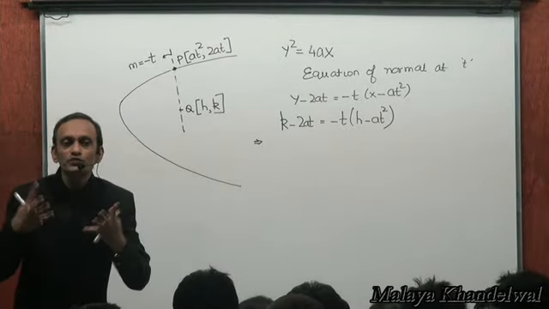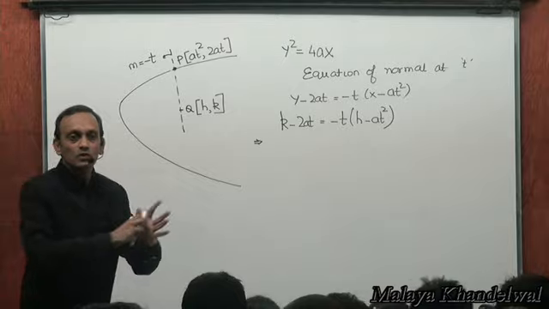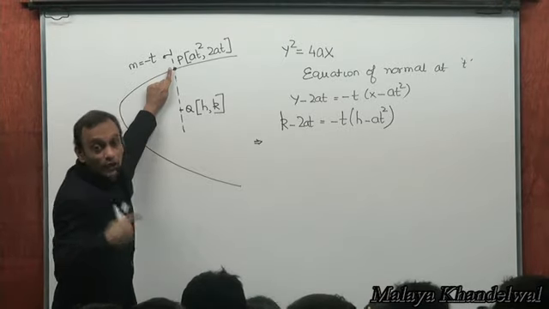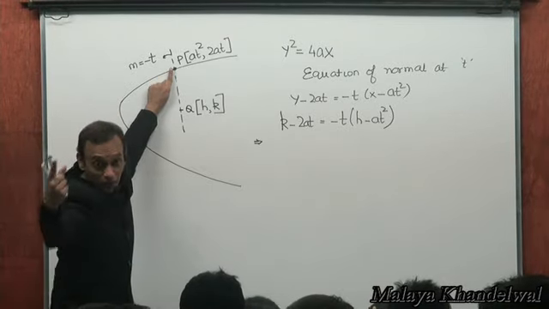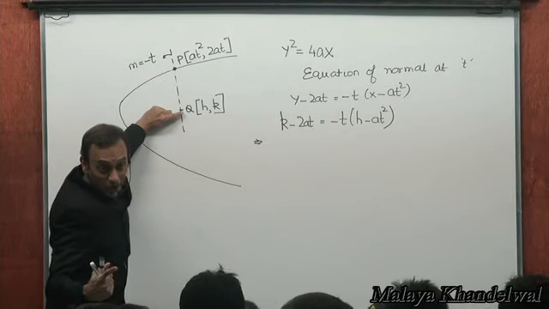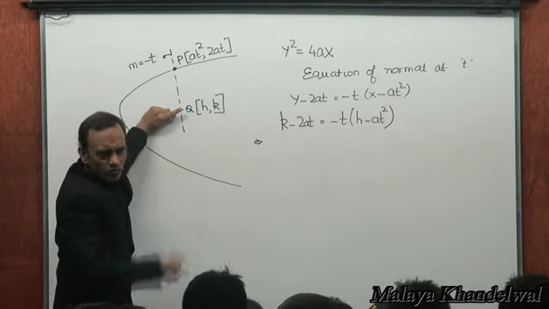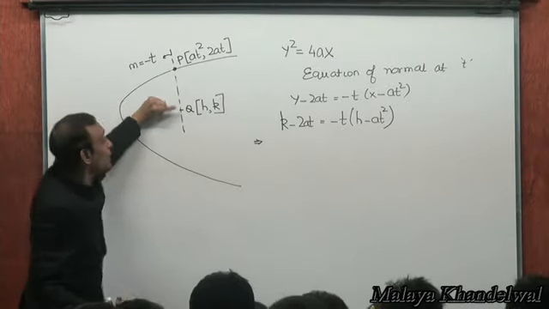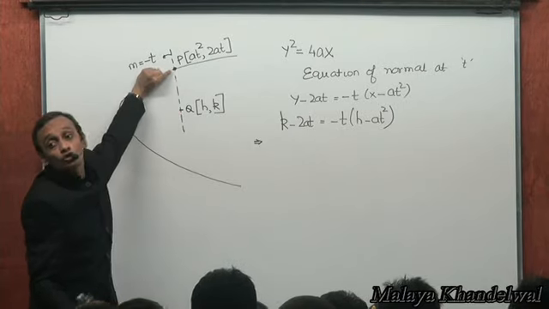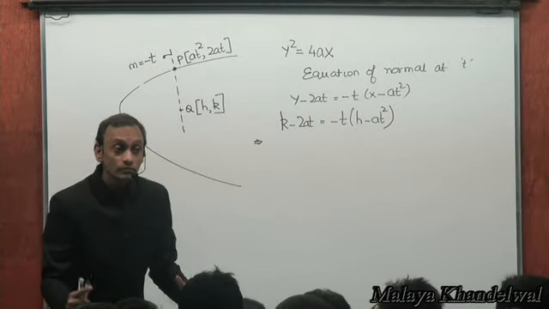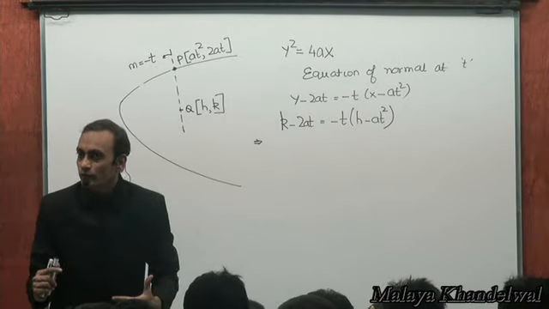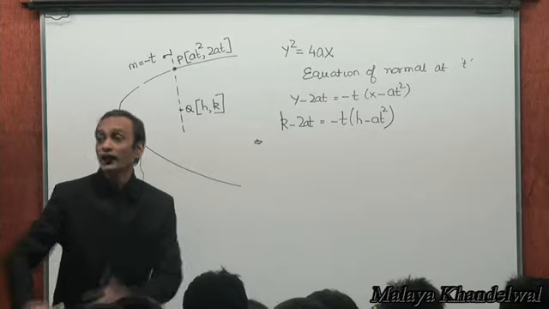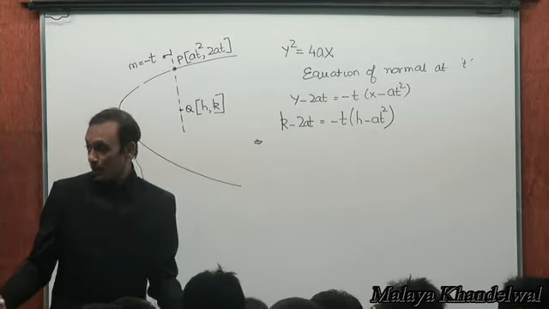How should we interpret this? We should interpret it as follows. The point t is the foot of the normal from a point (h, k) to the parabola. Yes or no? That's the way we could have looked at t. Foot of the normal from Q (h, k) to the parabola, right?